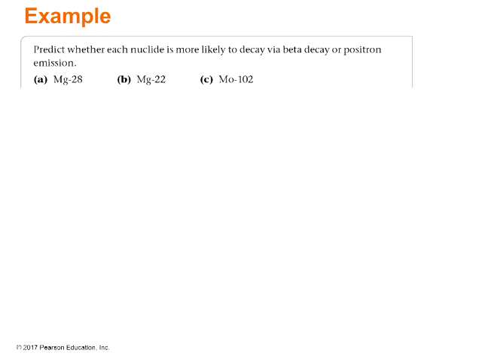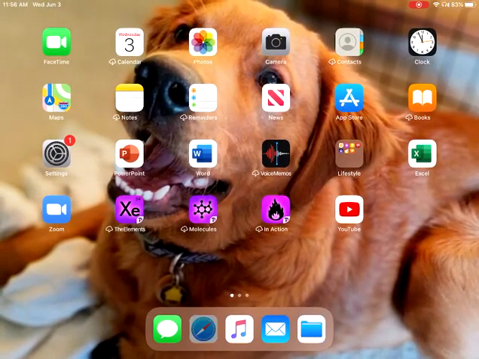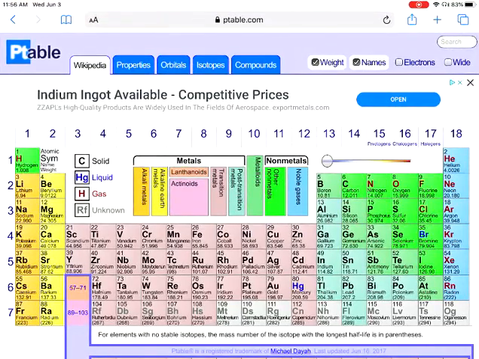All right, last one. C, we're dealing with a different element here, molybdenum 102. So let's look up what the atomic number of molybdenum is. Molybdenum is a transition metal, so let's look in the center of the periodic table. It's right below chromium, so it has an atomic number of 42.